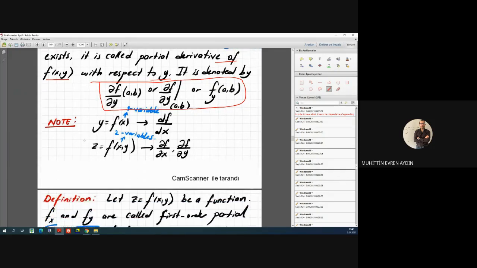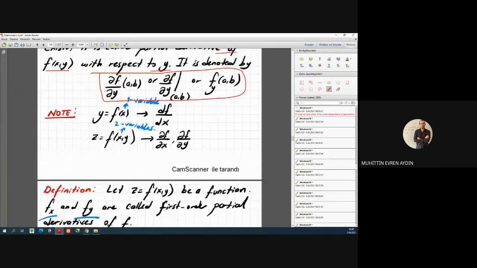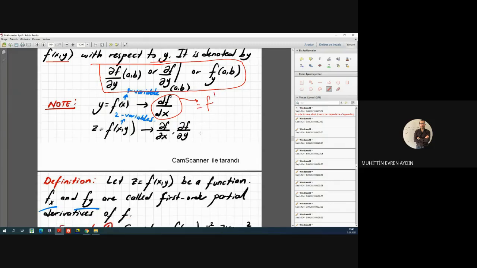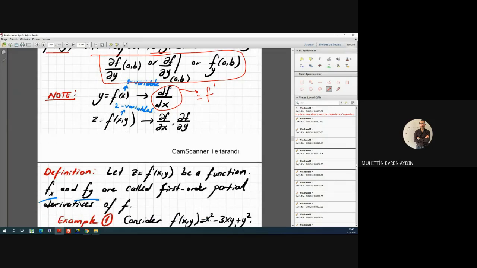A note on notations. If you have a function of one variable, then the derivative is denoted by this symbol, or we denote it f prime. But for two variable functions, we have a curved d, like that.